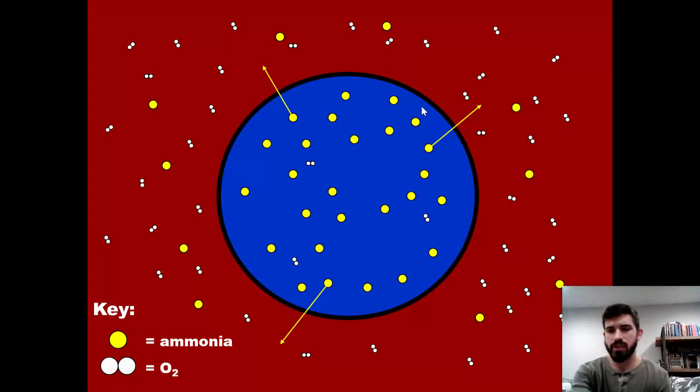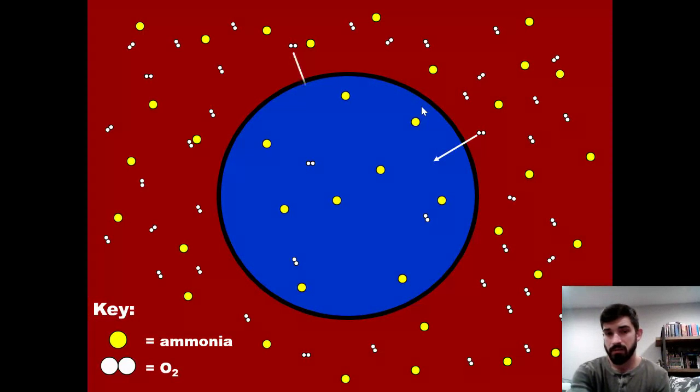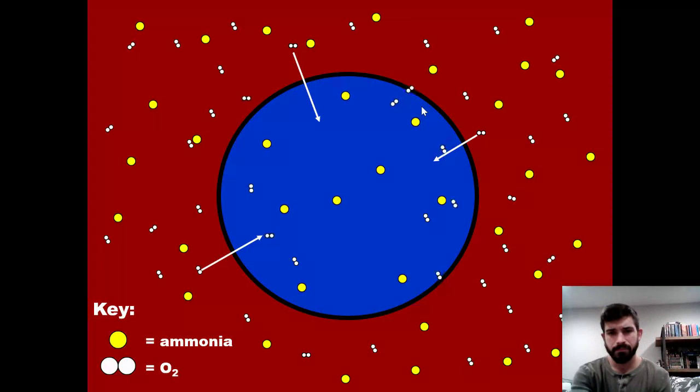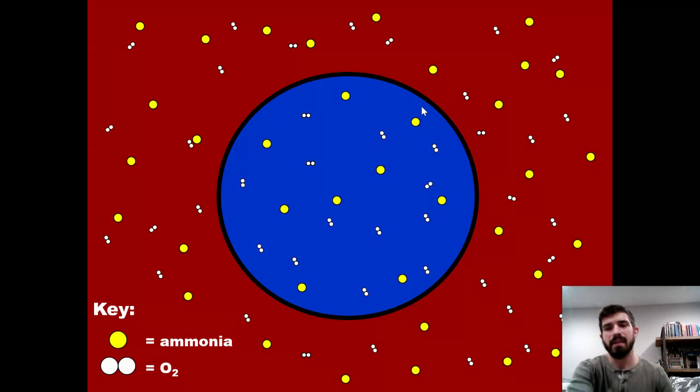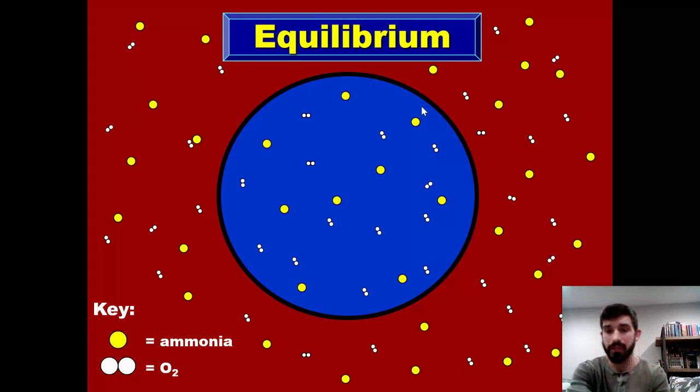What about the oxygen gas? Well, let's just go through it. You could see that there's a higher concentration of oxygen gas outside the cell, so it's going to move in. Right? And eventually it's going to get to a point where it's equal. Okay? When that happens, the substances have achieved equilibrium.